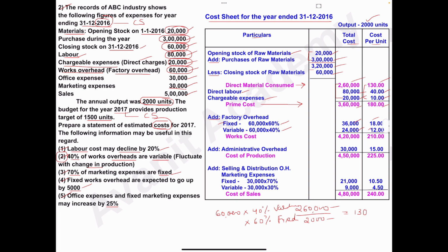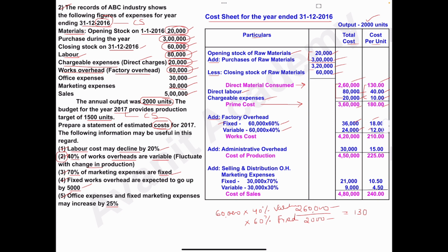Got it, all of you? Factory overhead amount is 60,000. Of this 60,000, 40% you have to take as variable overhead and the remaining 60% as fixed factory overhead.